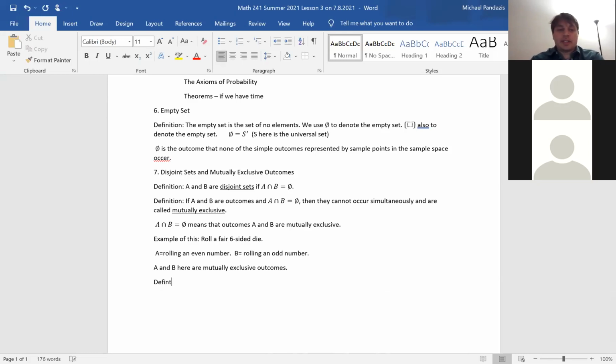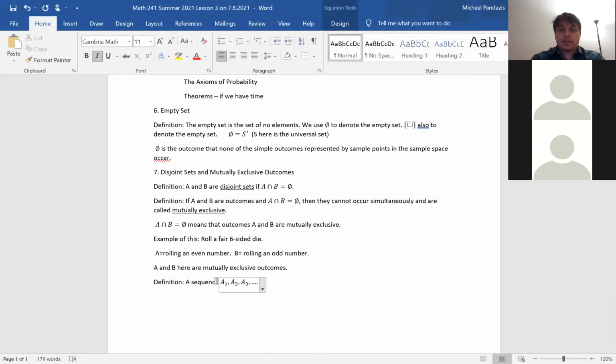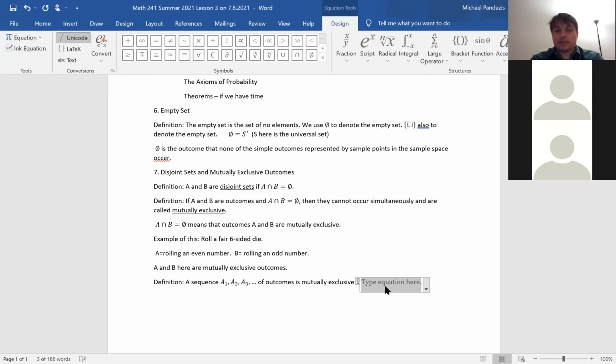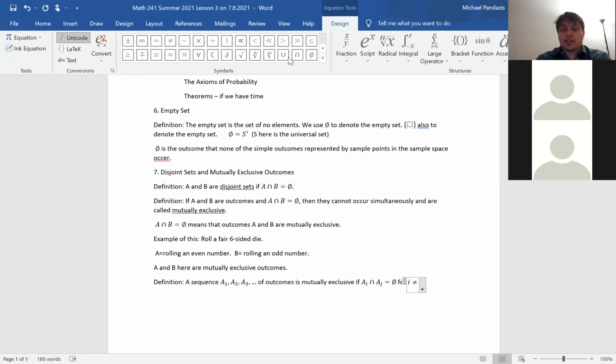Definition. A sequence A1, A2, A3, ... of outcomes is mutually exclusive if A sub i intersection A sub j is equal to the empty set for any two different i and j, so for i not equal to j.